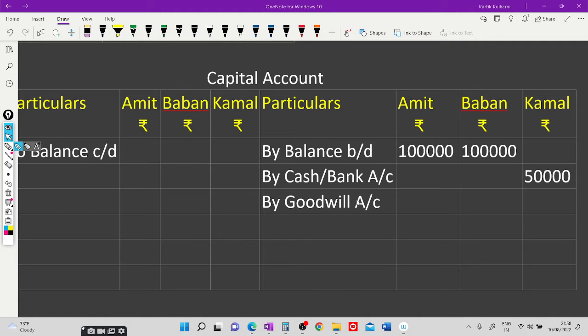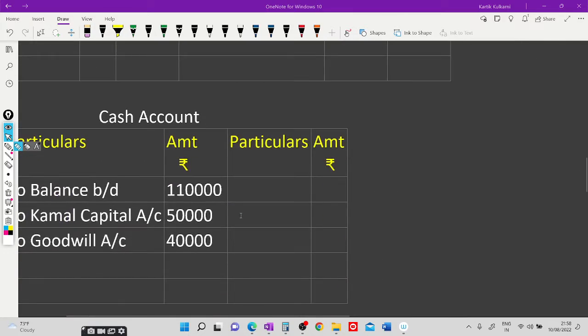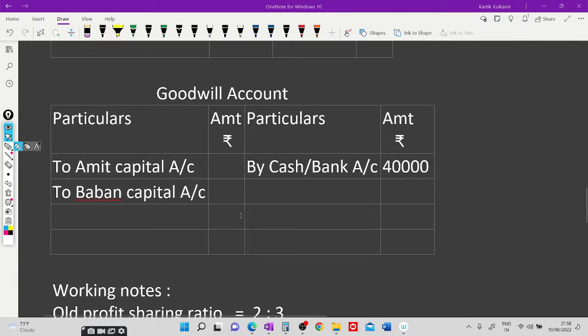So let's calculate the amount to be distributed. So the journal entry here will be goodwill account debit. So goodwill account will be debited, and in the particulars column of the debit side we write the name of the accounts which are credited. So two credit accounts are there in this journal entry.